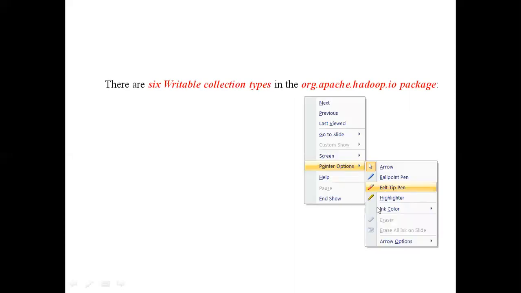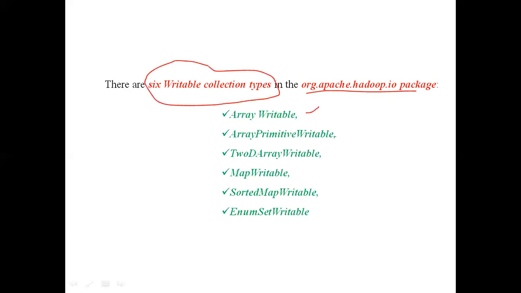When we come to the Hadoop writable collections, there are six writable collection types available in Hadoop, in the package org.apache.hadoop.io. We will see what they are: array writable, array primitive writable, 2D array writable, map writable, sorted map writable, and enum set writable.